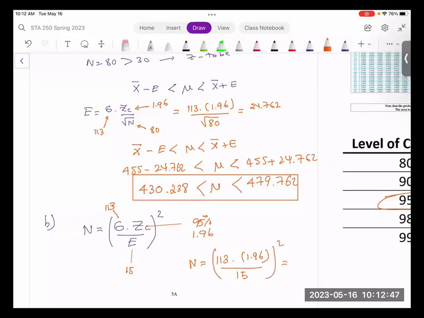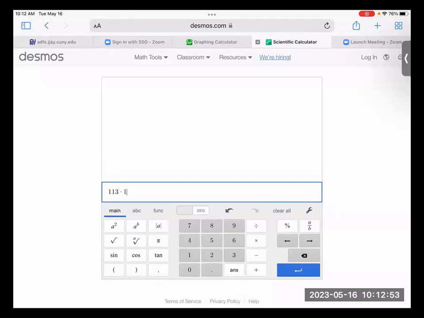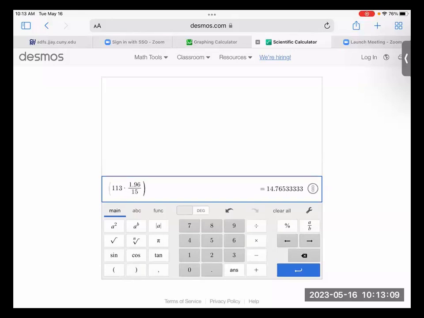All right, so 113 times 1.96 divided by 15, and that's going to be 14. So what you're going to do, you're going to square it. And that's going to be 218.01.